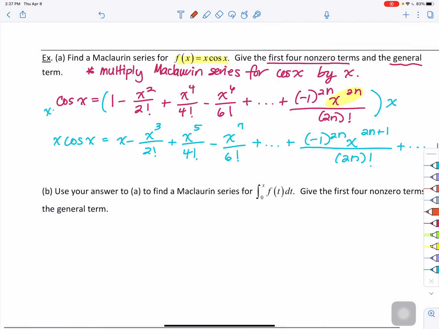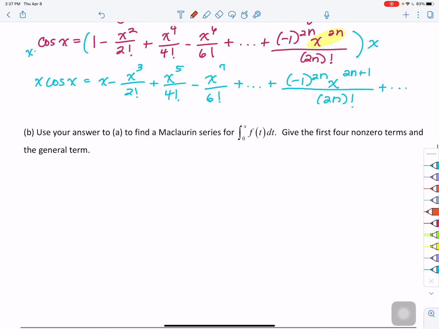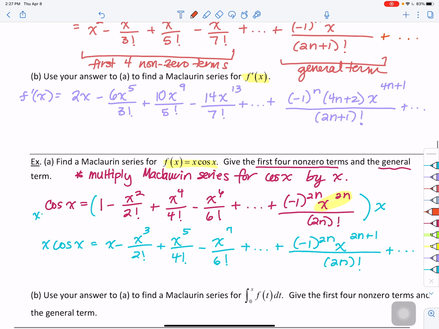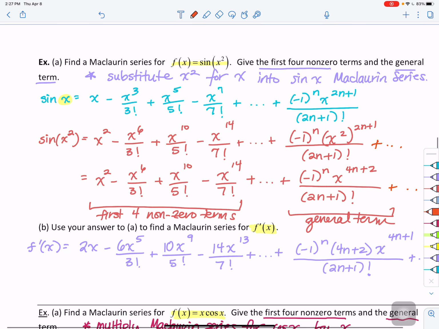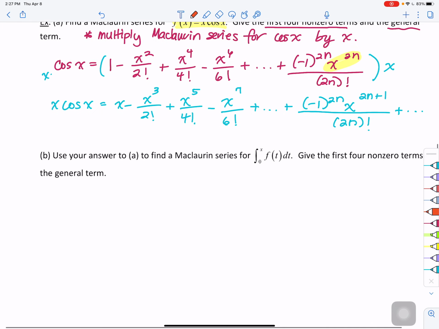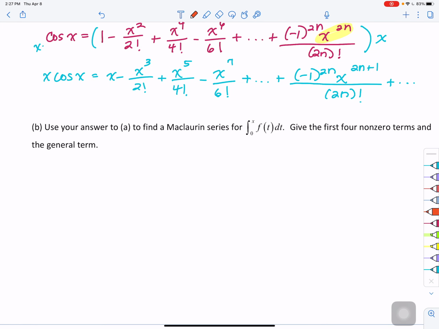Okay, one more. Use your answer in A. So we're still back up here at A, right here. Sine of x squared, and we are going to find a Maclaurin series for the integral from 0 to x of that f of x, okay? Again, we're going to give the first 4 non-zero terms, and then, of course, the general term.